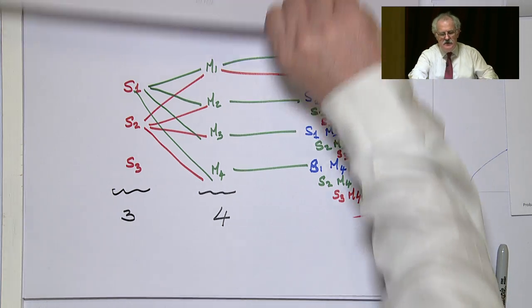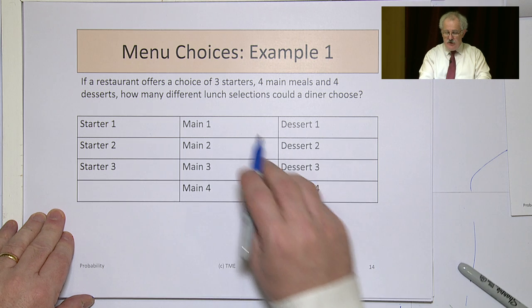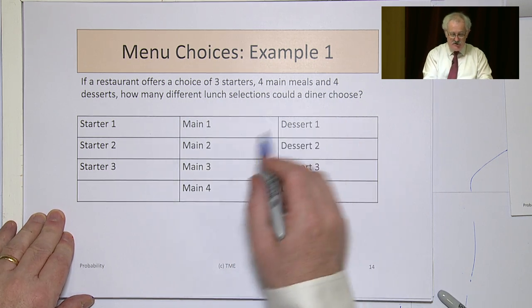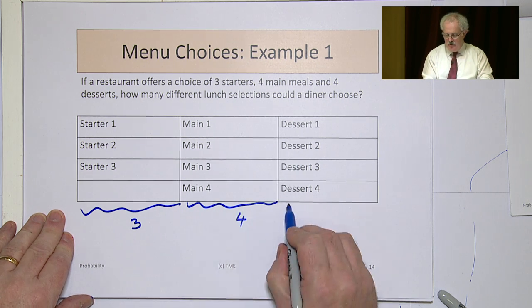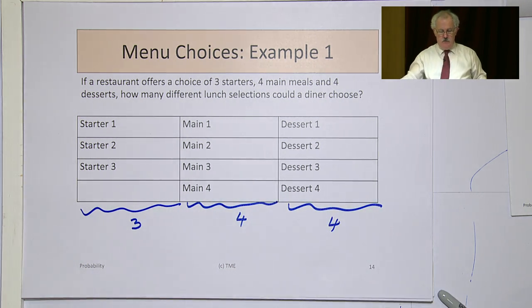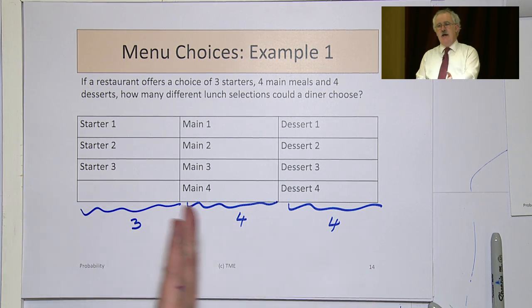And there's an example of the menu. Starter, main course, and dessert. 3 starters, 4 mains, and 4 desserts. You'd have 3 here, 4 here, and 4 here. How many different patterns would you get out of this? Would you again multiply?